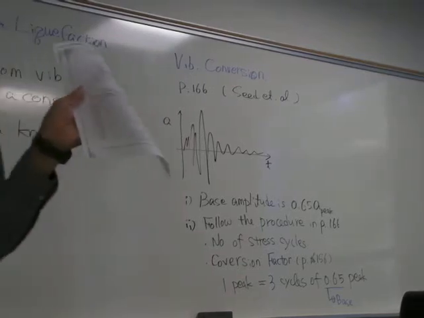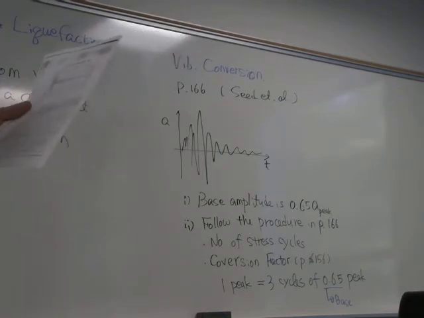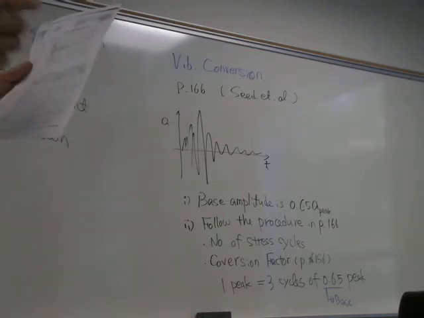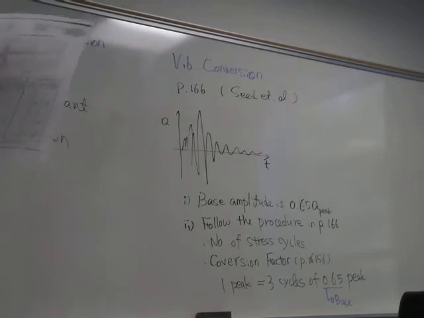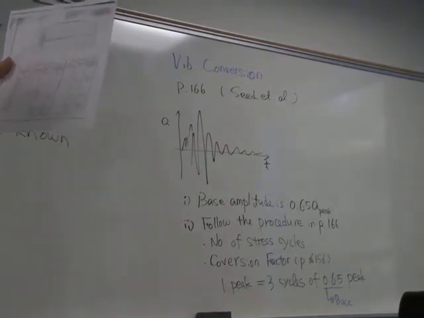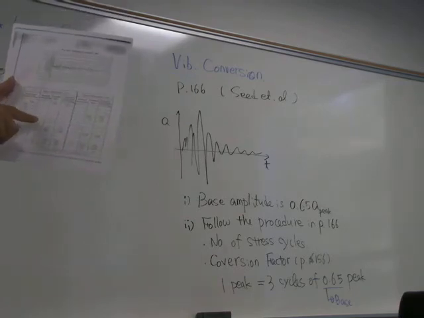So does this represent the 3 cycles? No, this doesn't. Wait a minute. Oh yeah, I was wrong. The number of stress cycles, those are actually the number of cycles that we can find here. I was confused. Conversion factor is, okay, yeah.